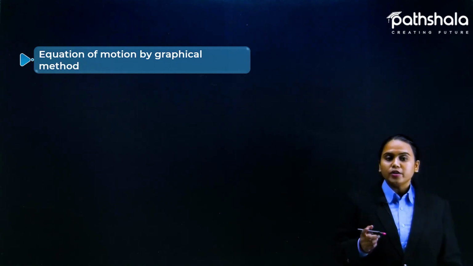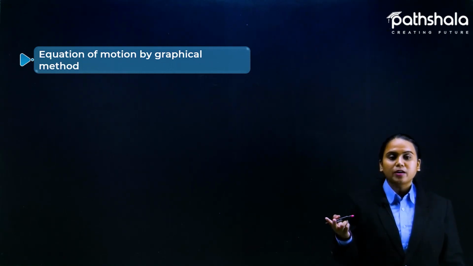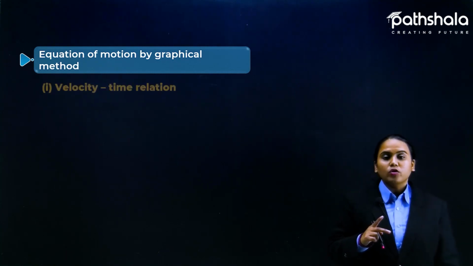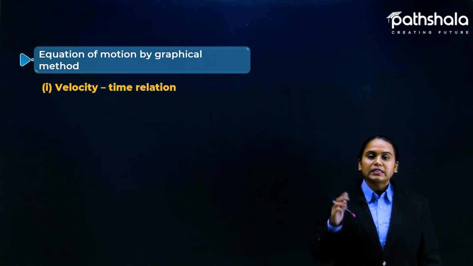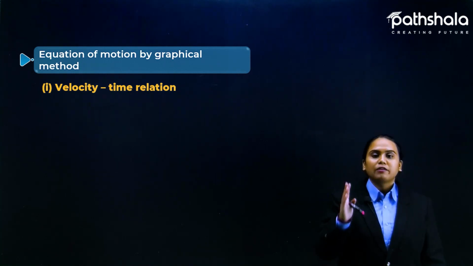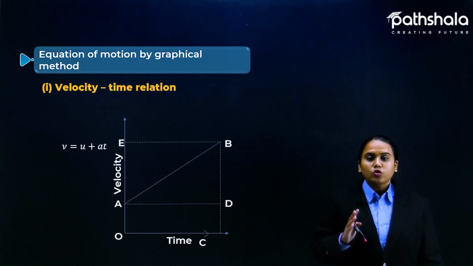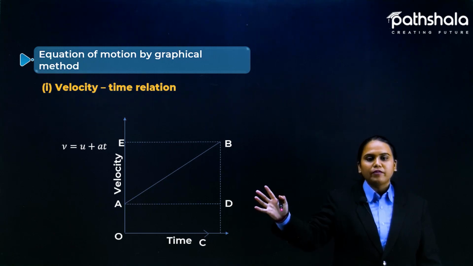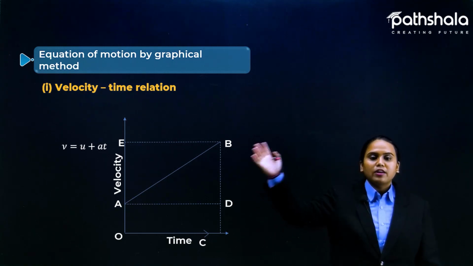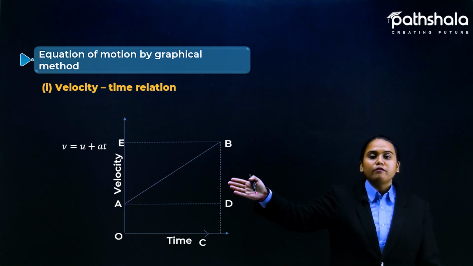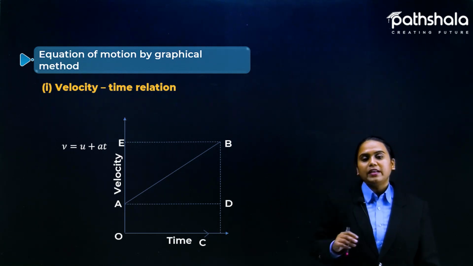Earlier you have seen two kinds of graphical modes, that is the distance time graph and the velocity time graph. So here we have the distance time and velocity time relation with the help of the graphical method. Here is the basic mode of graph. You can see here there is a velocity time graph and the slope is starting from some initial point.